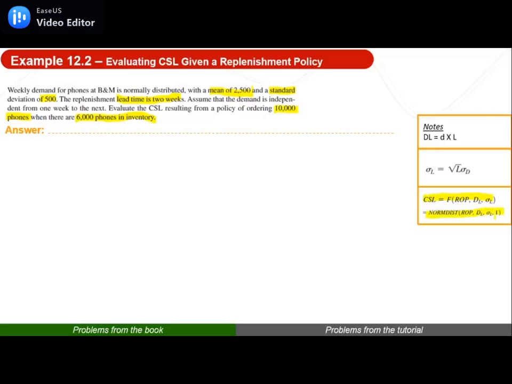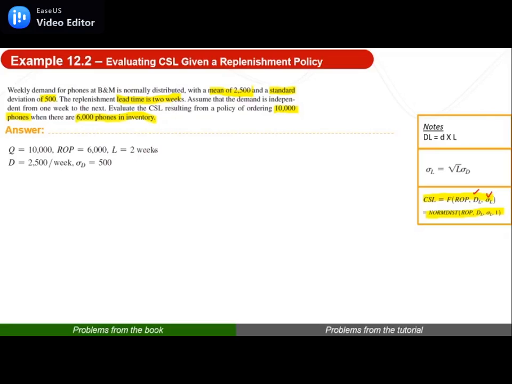Actually, we need Microsoft Excel to get the CSL number, but before that, we need to have DL, or demand times lead time, and also sigma L, the standard deviation of the lead time demand.